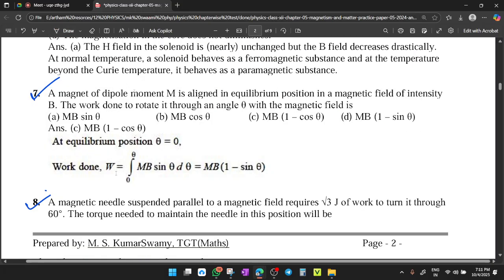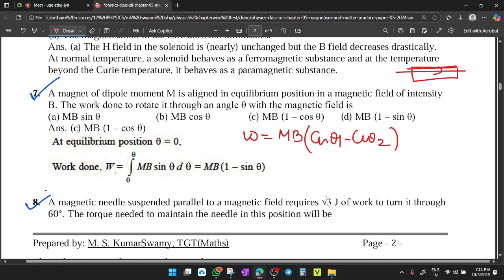Next question. A bar magnetic dipole moment M is aligned in equilibrium. So the work done: we have the formula, work done is equal to MB (cos theta 1 minus cos theta 2). Initially the magnetic dipole was aligned with the magnetic field, so definitely the angle equals 0 degrees.